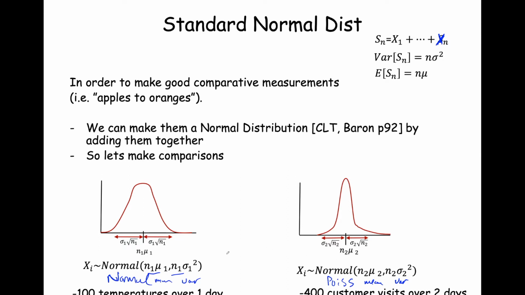And so let's say the first distribution, the one on the left, that normal, it corresponds to 100 temperatures that you've taken over a one-day period of time. And let's assume for the Poisson, that sum corresponds to 400 customer visits over a cumulative time frame of, let's say, 2 days. Okay.